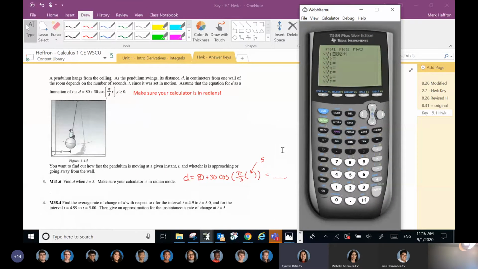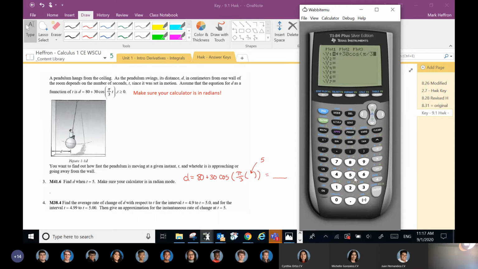Yeah. Okay, great. So all I'm doing is I'm going to my y equals, and I'm plugging in 80 plus 30 cosine. Where's the pi? Well, it's going to be above the little caret symbol. Divide by 3.